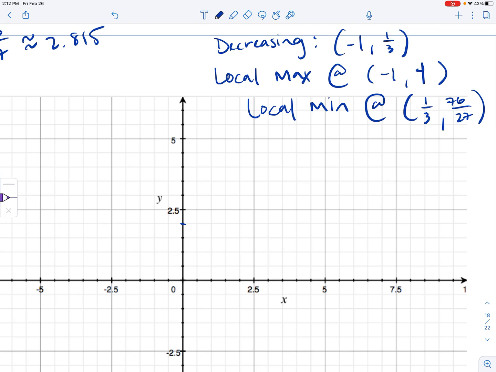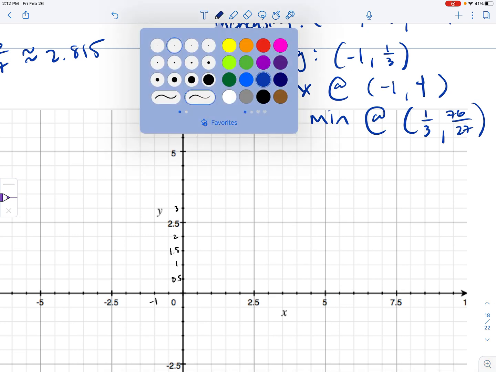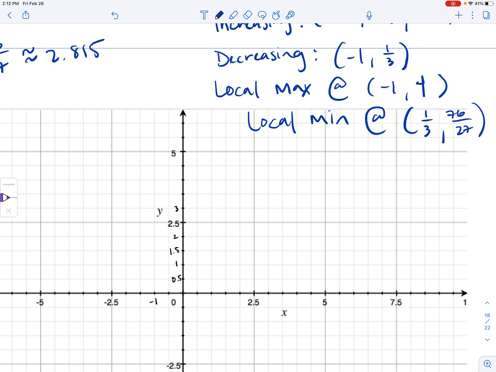Let's see, what do I have this scaled by? This is probably 2. This is 2, 1.5, 1, 0.5, yeah. So that would be 3, okay. So -1, comma 4.